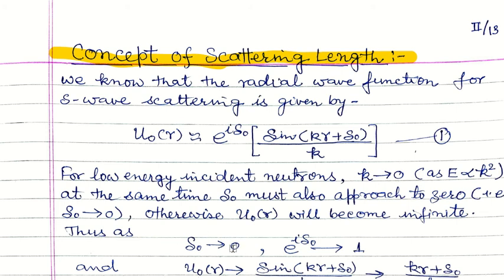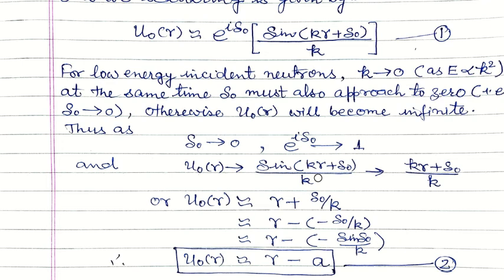So when delta 0 tends to 0, this e to the power iota delta 0 will tend to 1. Now if we substitute e to the power iota delta 0 equal to 1, then the radial wave function u0(r) tends to sine(kr plus delta 0) upon k.